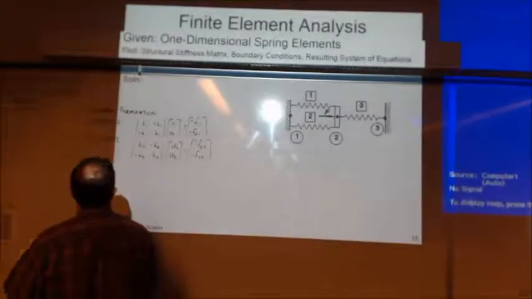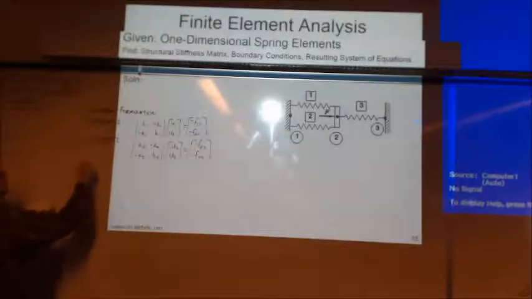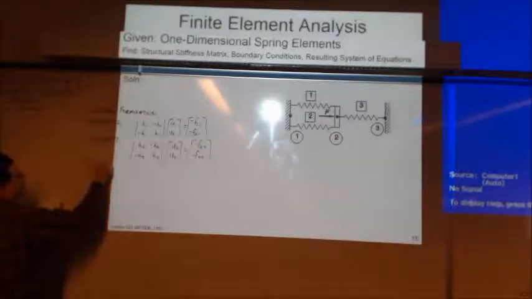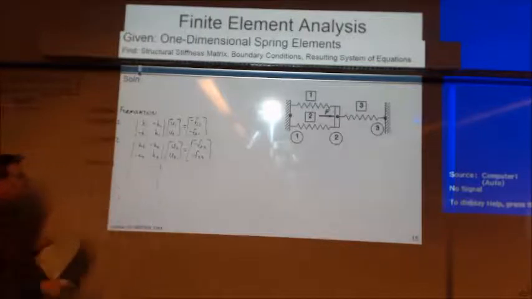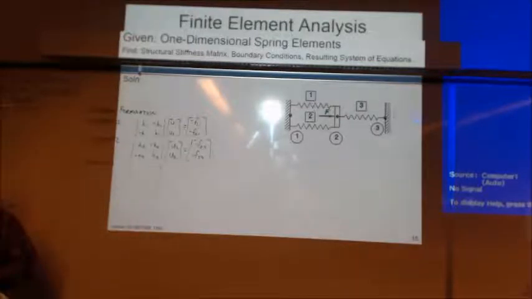All right, so now we're going to add a third element, right? So what's my stiffness matrix going to look like? What should I write in there? For the third one, yeah. Just this part right here.